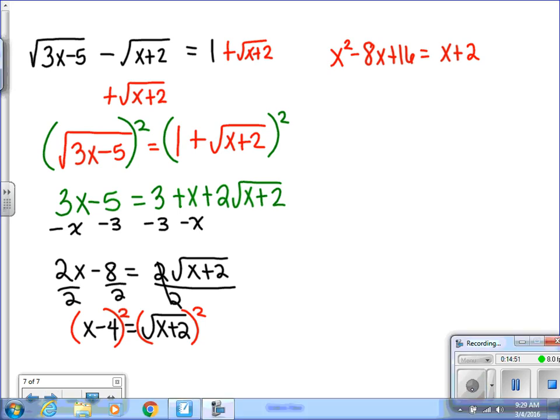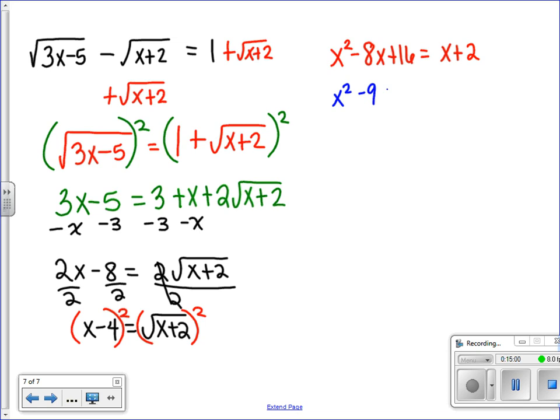Start working this out. When I combine like terms, move everything over, I get x squared minus 9x plus 14 equals 0. My two numbers that multiply to equal 14 and add to equal negative 9 are negative 2 and negative 7, right?